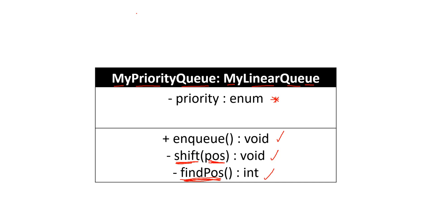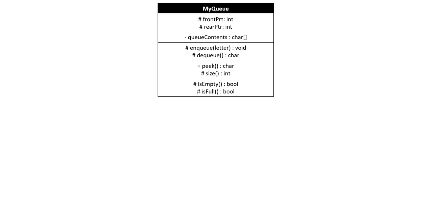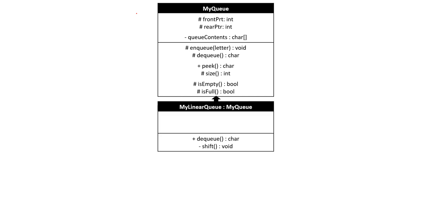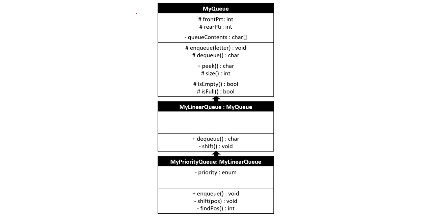So as we said, my priority queue is inheriting from my linear queue. So we end up with my queue that we made a while ago now, and we inherit from that in our linear queue, where we have our different way of dequeuing and shifting those elements up. And then finally, we're going to have what today's video is about, and it's the priority queue.